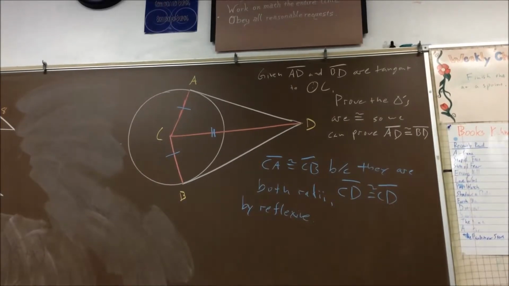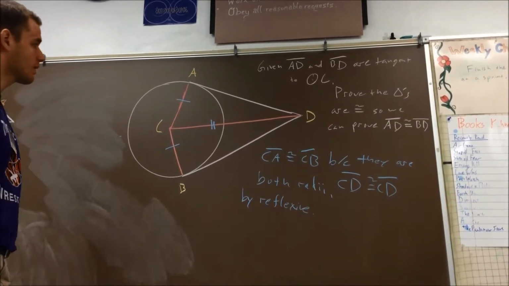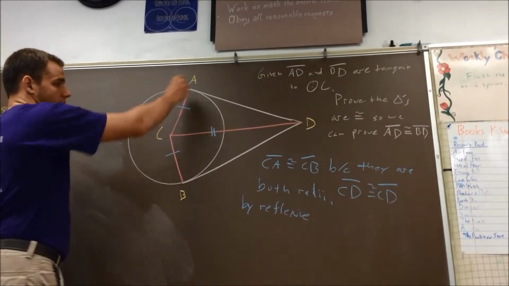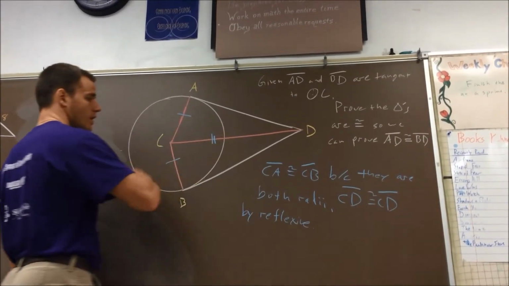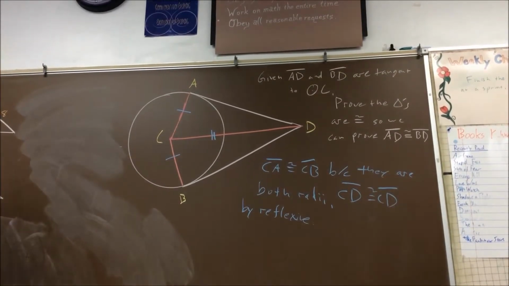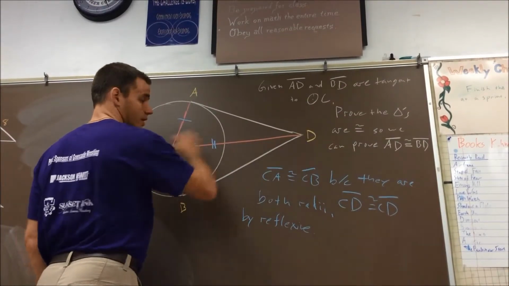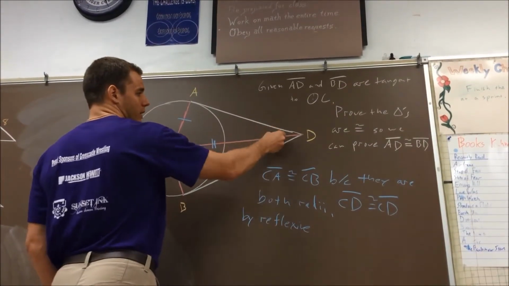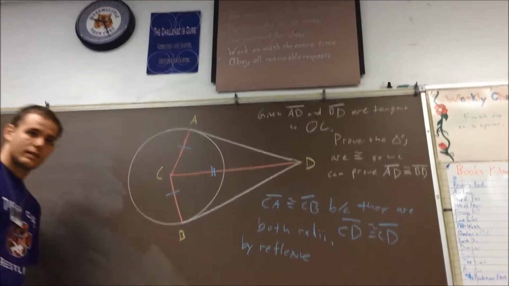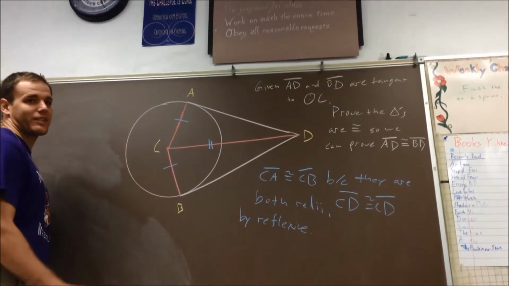Can you use the angles ACD and BCD? Well, do we have anything to prove that? No. What about ADC and BDC? Well, we don't know that's an angle bisector. Can't do that one either. So what does that leave?